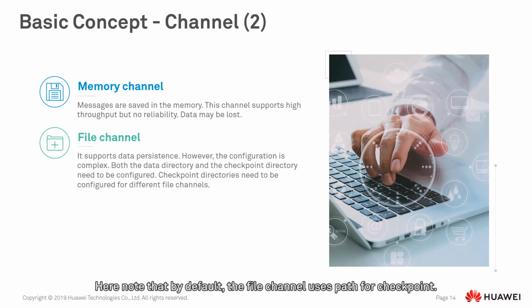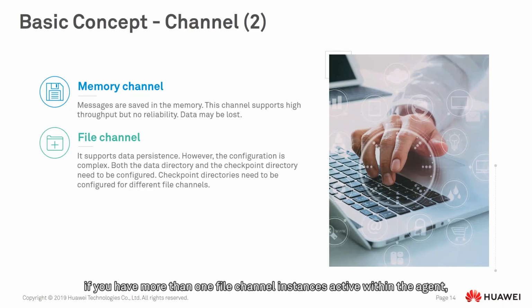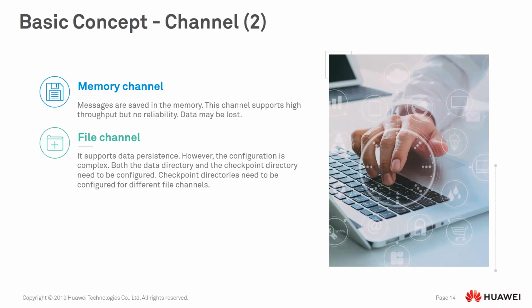Note that, by default, the file channel uses paths for checkpoint and data directories that are within the user home as specified above. As a result, if you have more than one file channel instance active within the agent, only one will be able to lock the directories and cause the other channel initialization to fail.